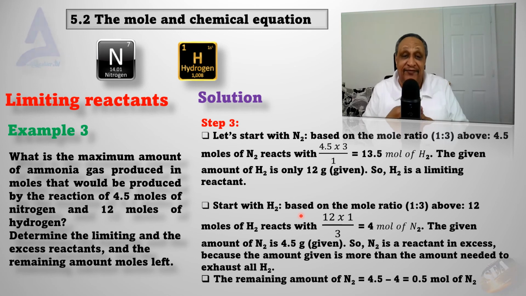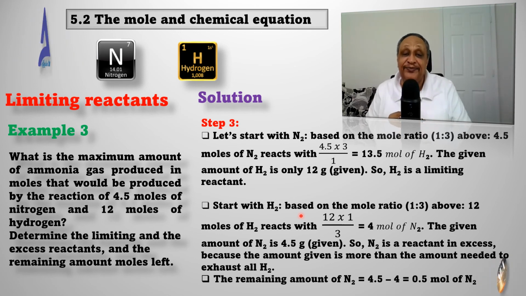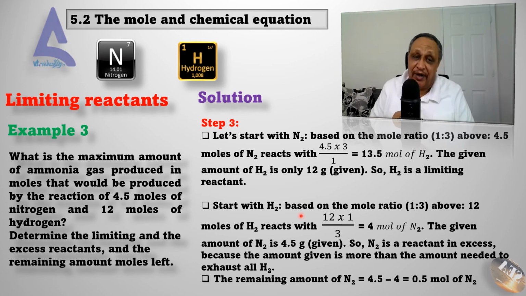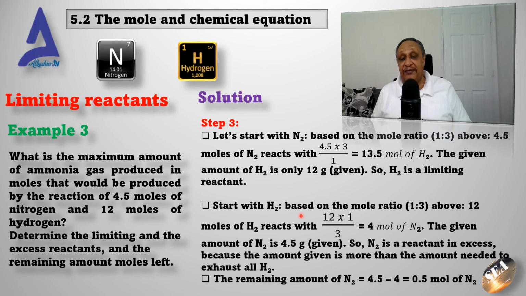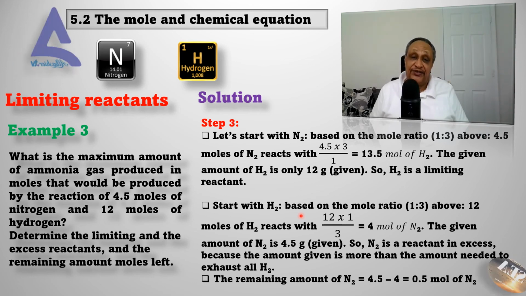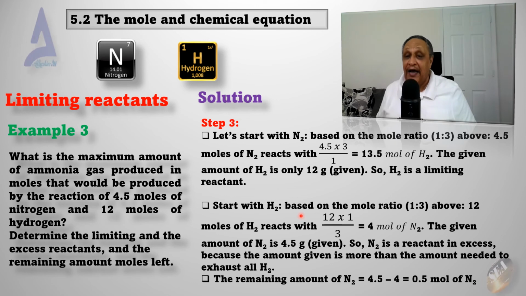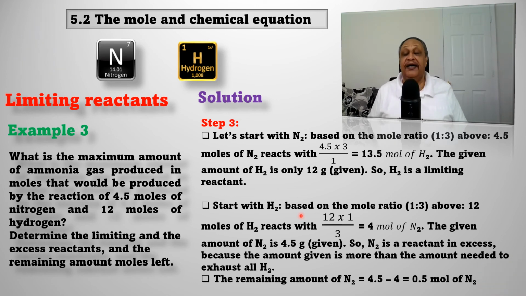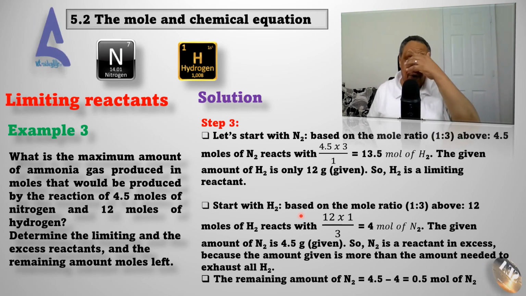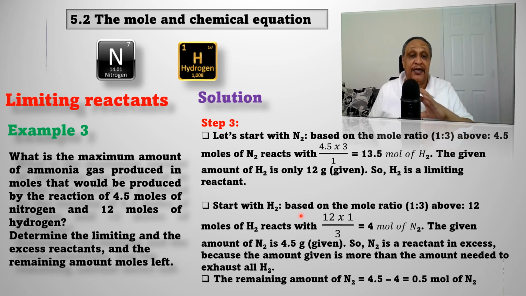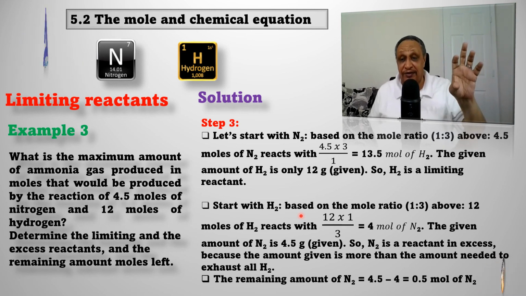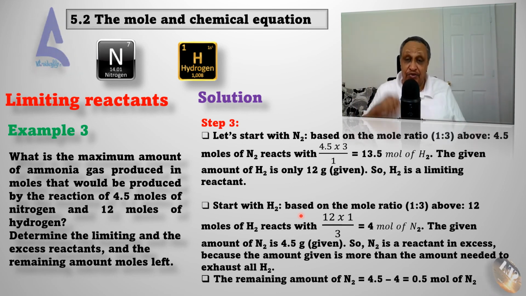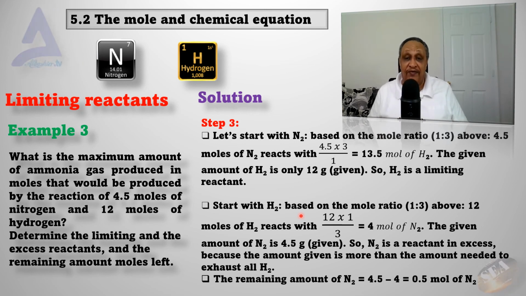Now, what is left is to determine the maximum amount of ammonia gas. I want you to tell me how many moles of ammonia gas are produced by using those two completely. So we are going to use 4 moles of nitrogen in addition to 12 moles of hydrogen.